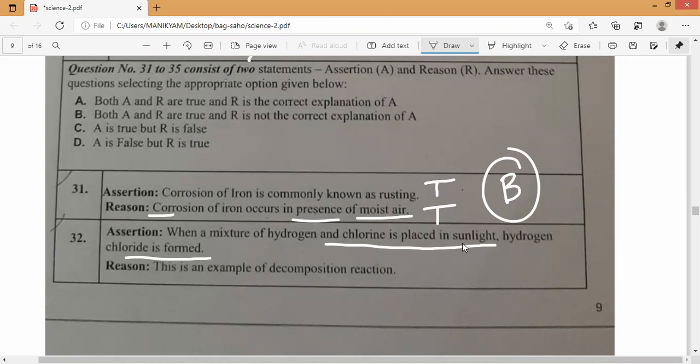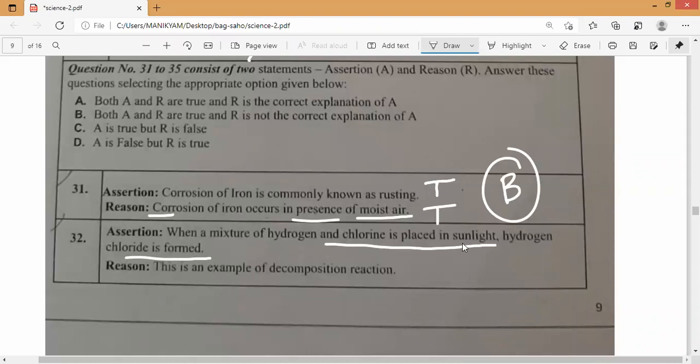When a mixture of hydrogen and chlorine is placed in sunlight, that is what we have to confirm. The assertion is false, that is what I am also thinking. But the assertion is true. Very good. I am just now seeing it in the book also.